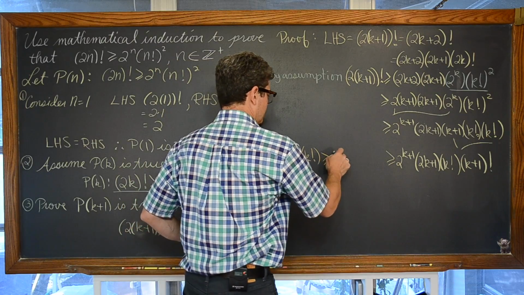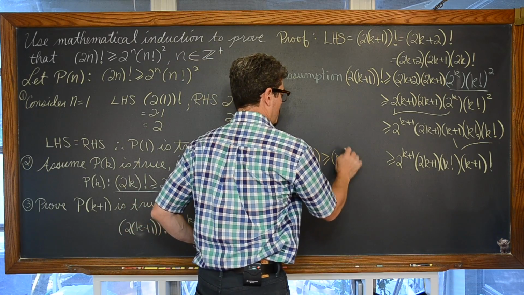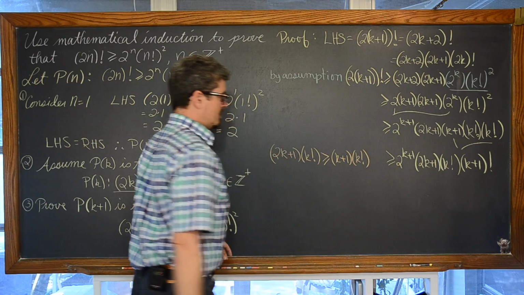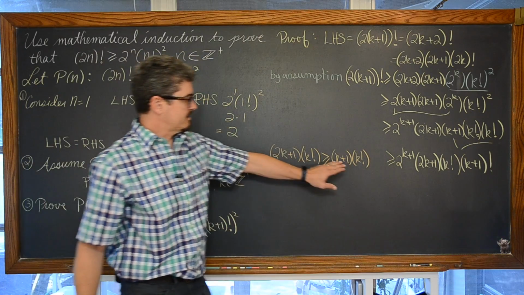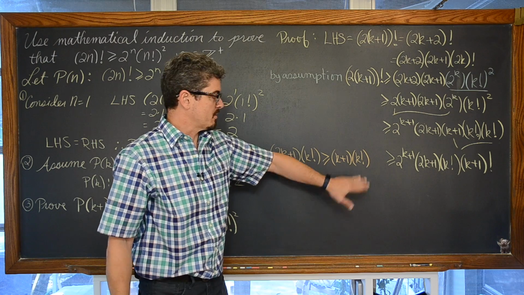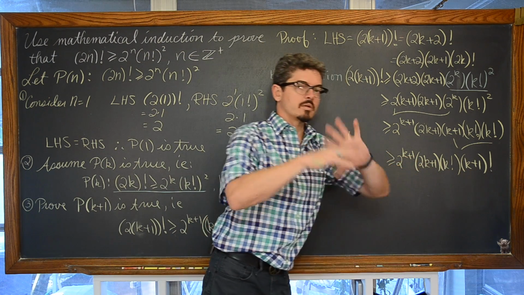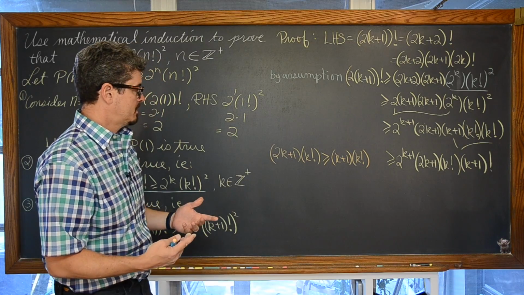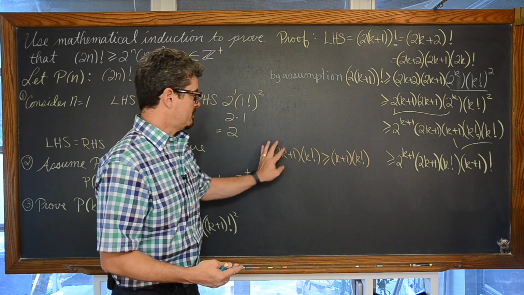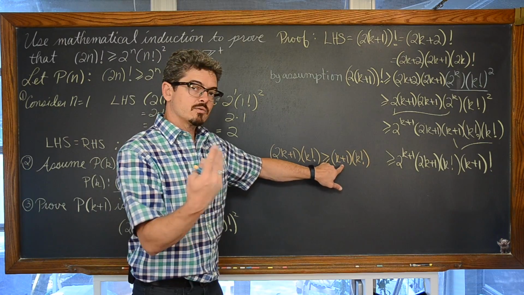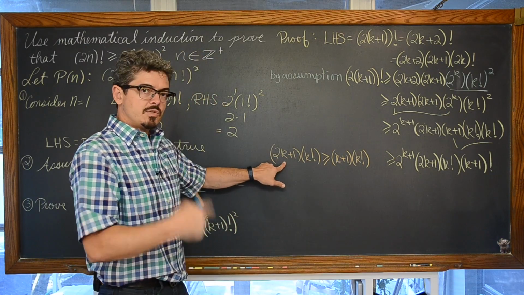I need a (k+1) times k factorial. So if I can get that (k+1) times k factorial, I'll have another (k+1) factorial that I can combine with this one and write it as being squared. Well, okay, so our little work here on the side, k factorial, another factor of (k+1). This is (2k+1).